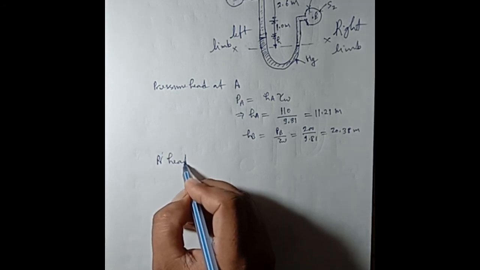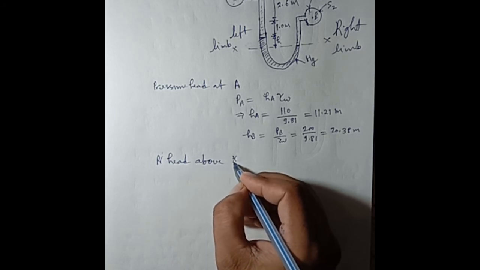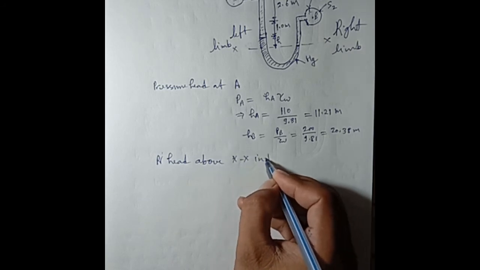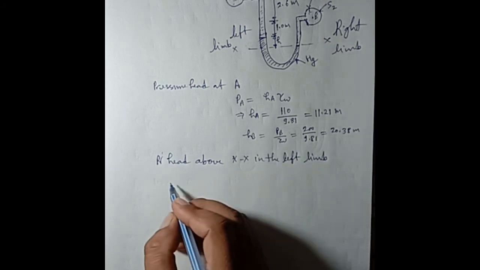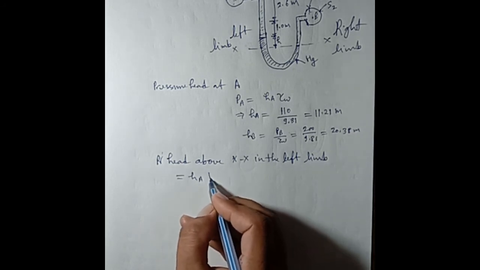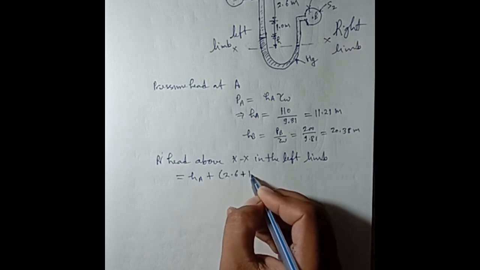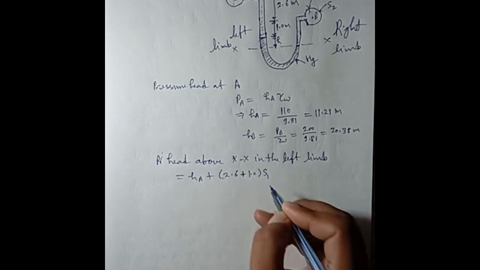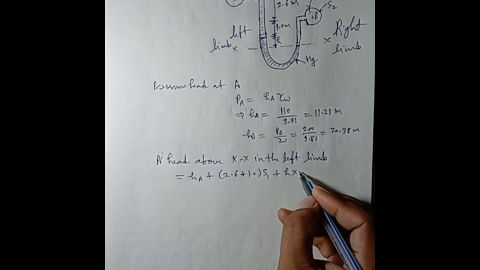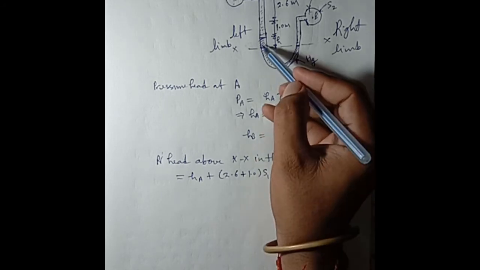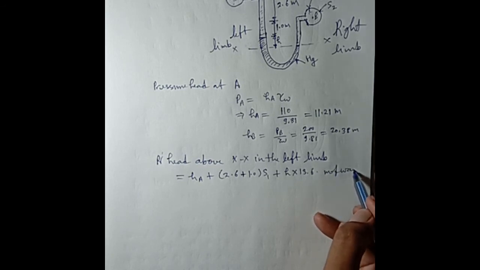Pressure head above XX in the left limb is equal to HA plus 2.6 plus 1 into S1, that is the specific gravity of fluid 1, plus H into specific gravity of mercury. This is the mercury, meter of water.